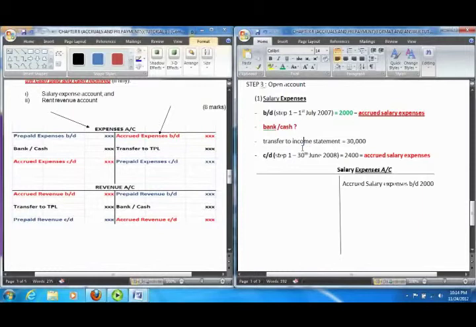Can I know where to put transfer to income statement, or we consider it as TPL based on this format? Class, as you can see now, where is your TPL? It is on the credit side. So remember, for expenses account, where to put it based on this format? Always in credit side.